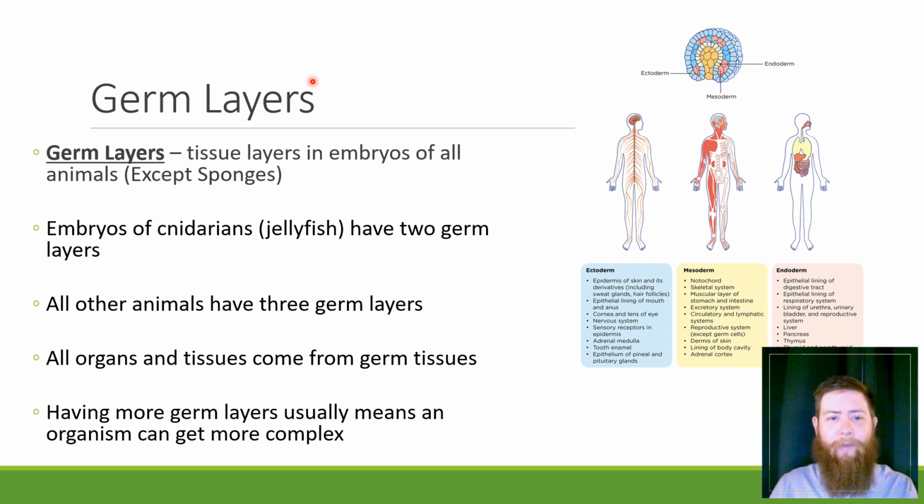Having more germ layers usually means that as an organism you can be more complex, because all of these will eventually turn into different organs and structures. You can see this here on this image. Don't get lost in the sauce. We're going to talk about this more later, but I just wanted to show you where these different tissues turn into.